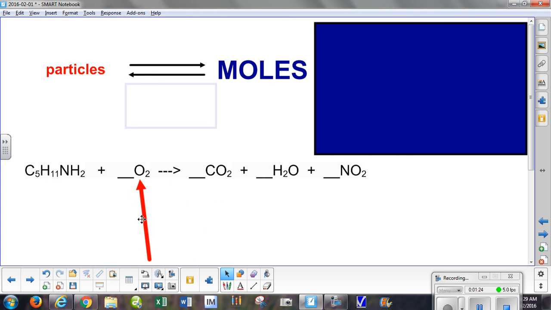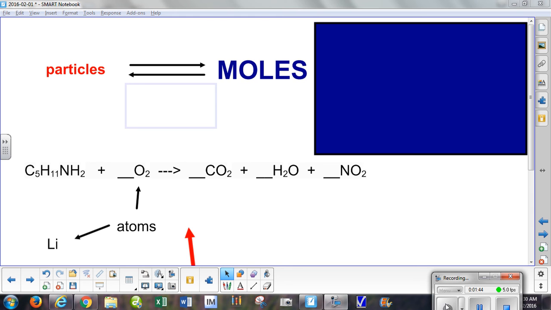But right now what we want to do is separate our particles in two categories. And the first category is atoms. Atoms, in this case, we're talking about the element. And so what's another way that we might see atoms? Well, we might see atoms as a single element all by itself, or a single atom all by itself. But in either case, we would be talking about a particle.